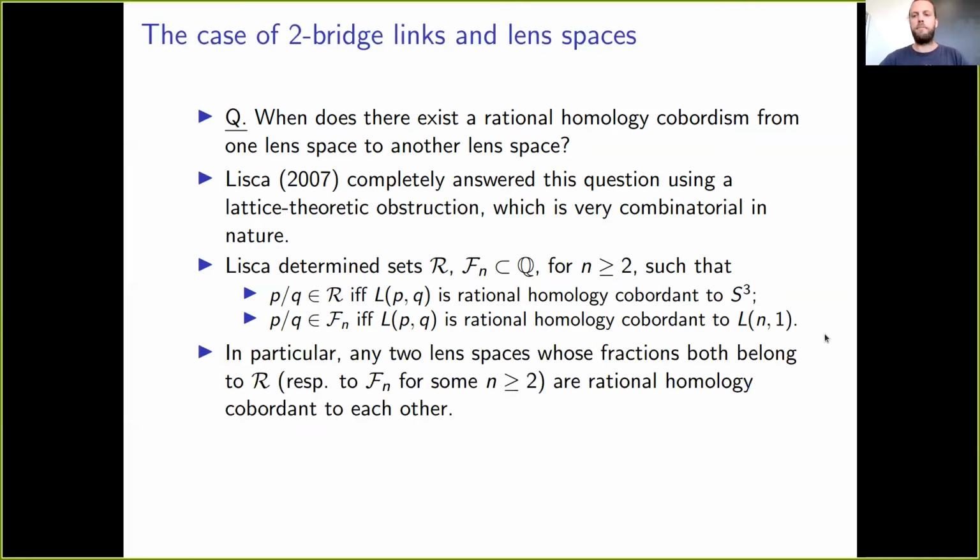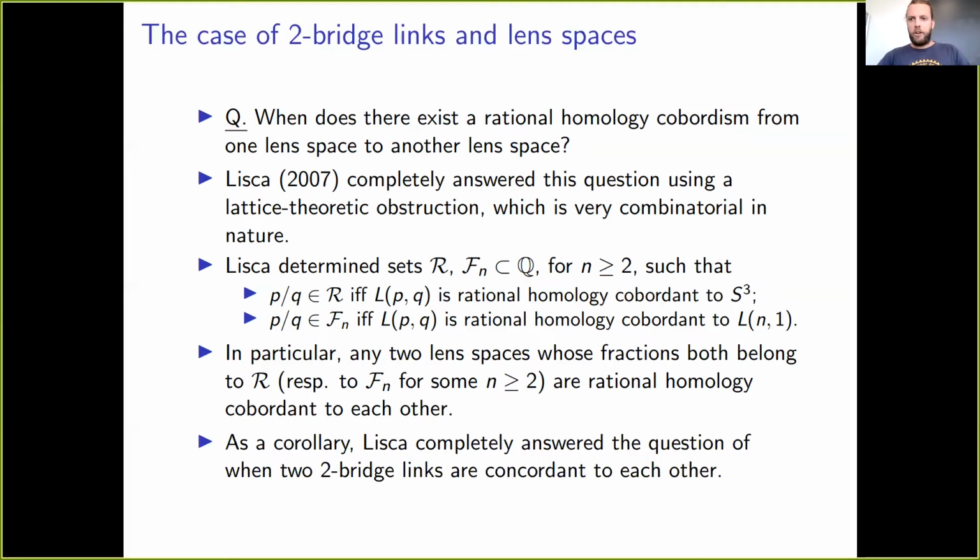So in particular, any two lens spaces whose fractions both belong to R, say, or both belong to F sub n, are going to be rational homology cobordant. If both fractions belong to R, we can take a rational homology cobordism from the first lens space to S3, and then from S3 to the second one. All in all, we get a rational homology cobordism between these two lens spaces. And similarly for F sub n.